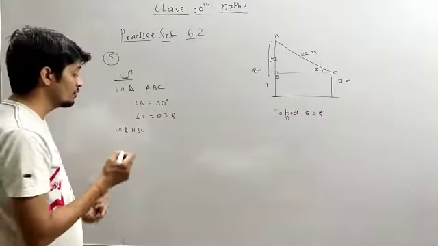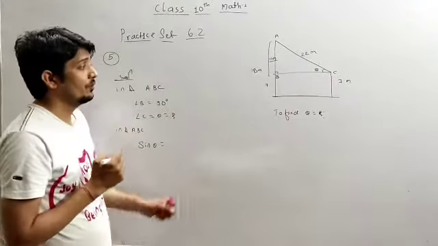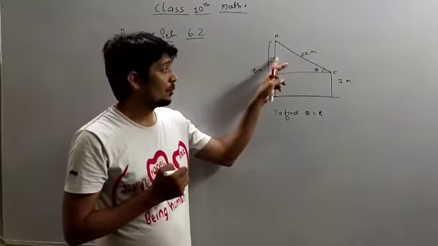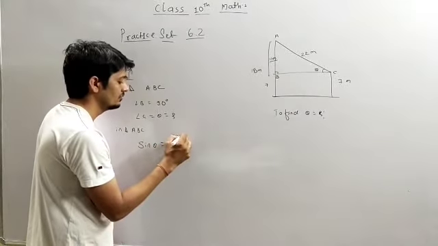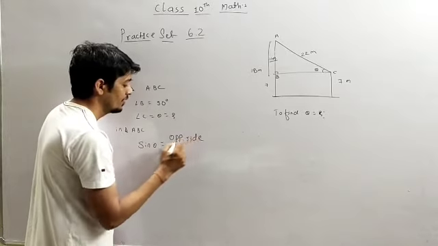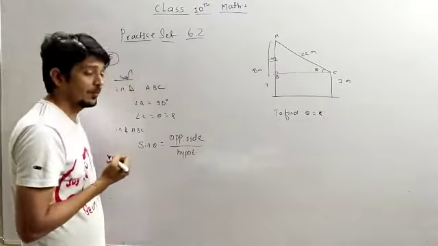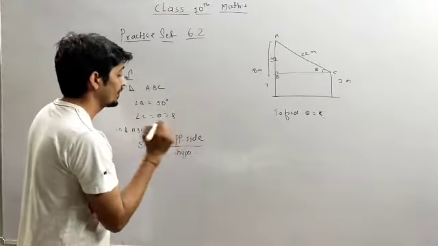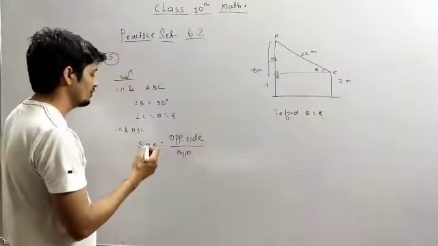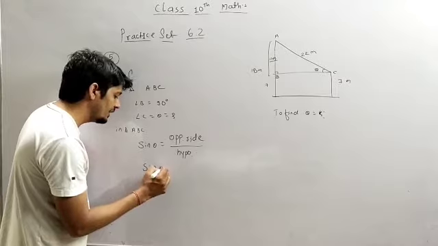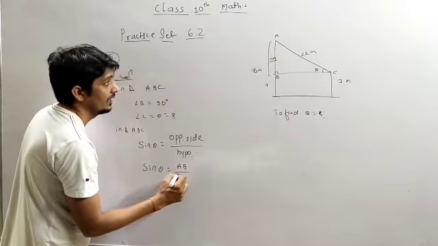So sin theta equals what? We know sin theta equals opposite side divided by hypotenuse. Opposite side is AB and hypotenuse is AC. So we write sin theta equals AB divided by AC.